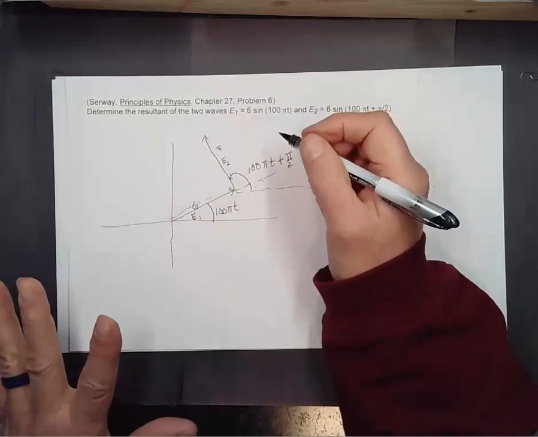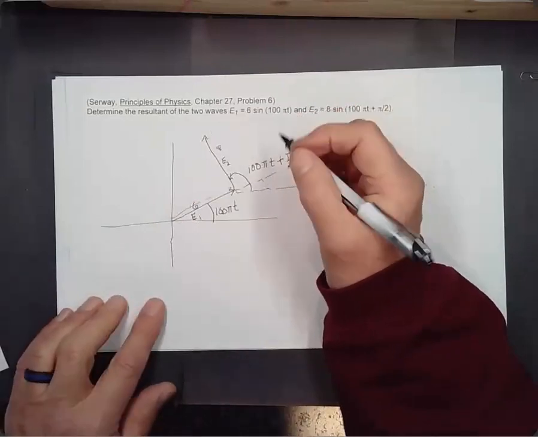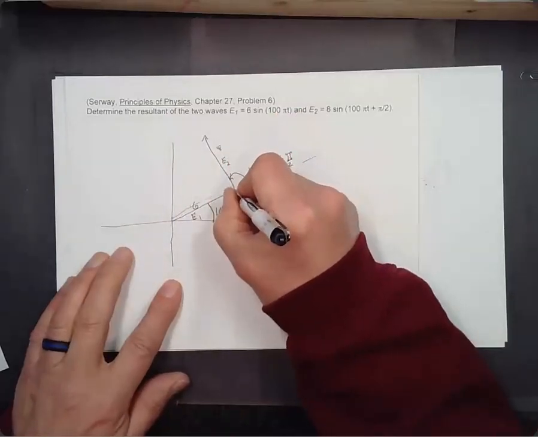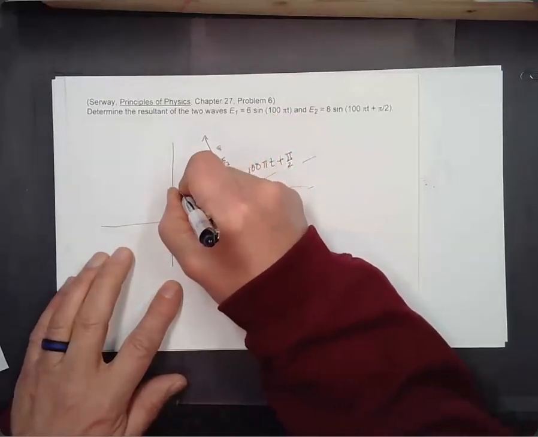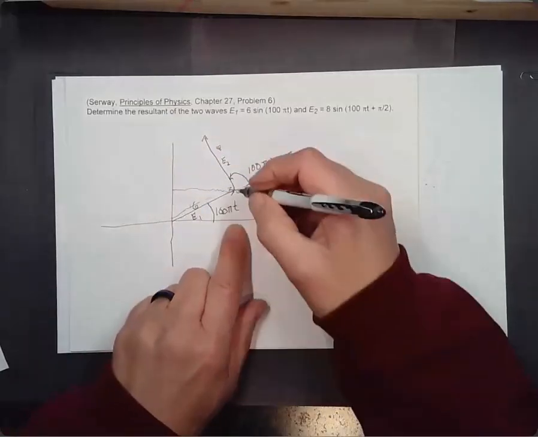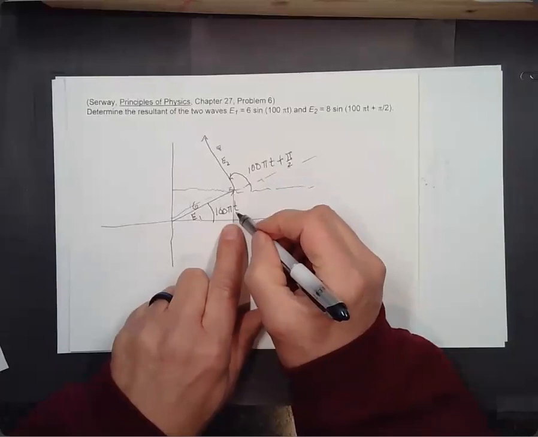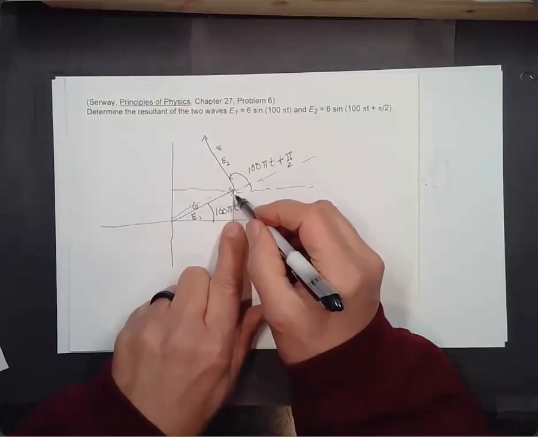Now, I know this is really bizarre, but if I project back on this thing over here, okay, this is the side opposite that 100 pi t.